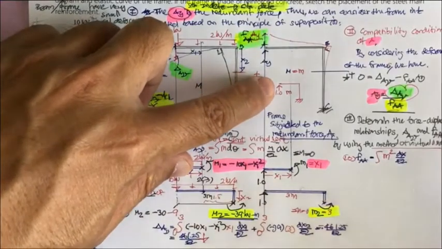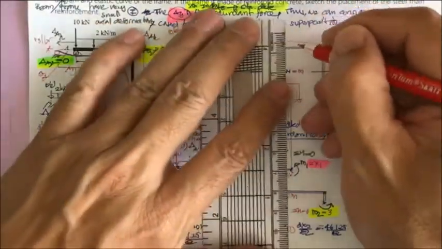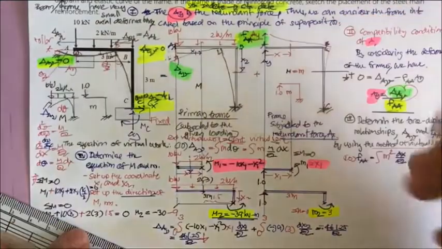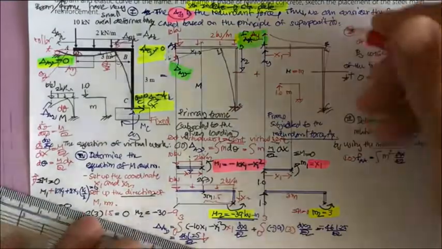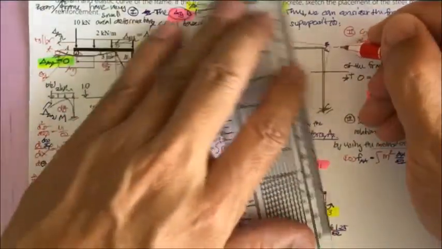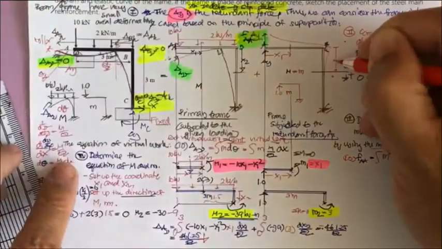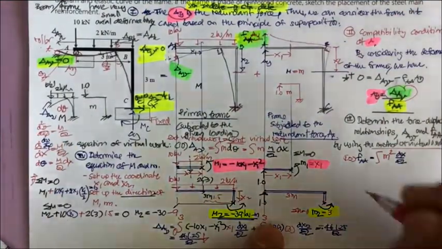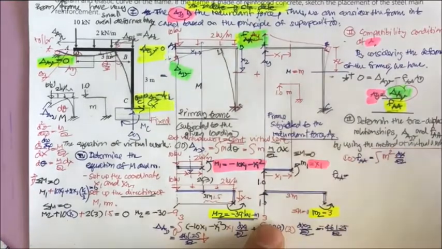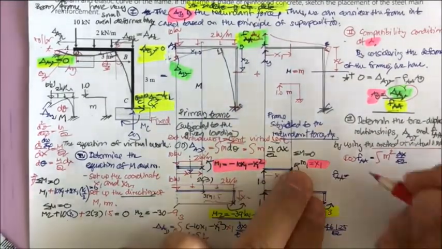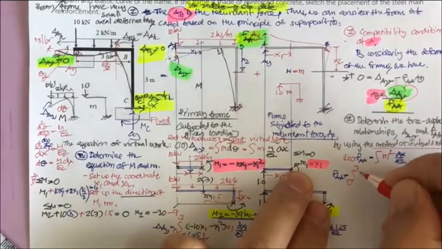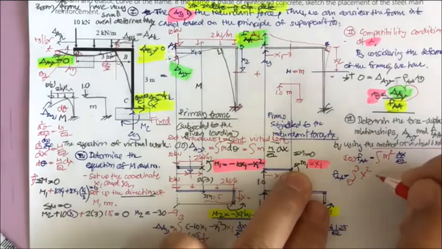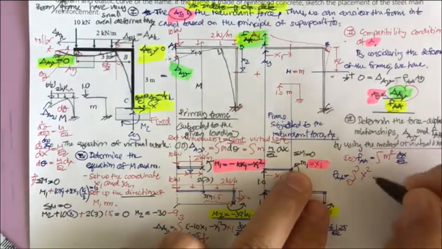You've got to determine the moment, okay, of this one, x1, and also the moment of this one. For what we have is the x2, and then we have this already, right? So we have f sub AA equal to the first one, integration from 0 to 3, so x1 square, and then dx1 over EI.